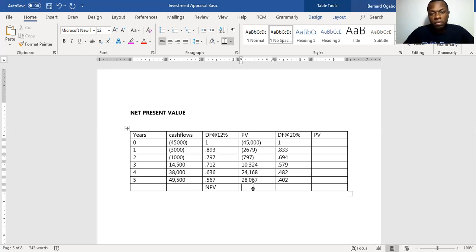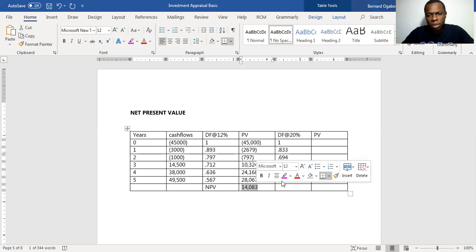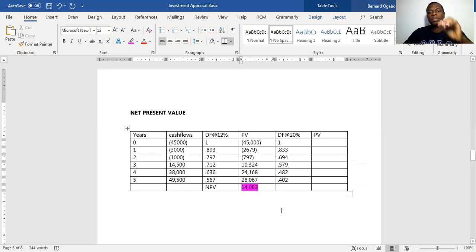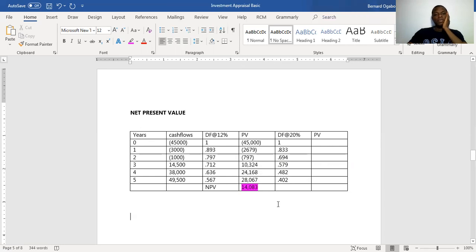That is 14,083 as the NPV. Now, for the net present value, this is all you are required to do.